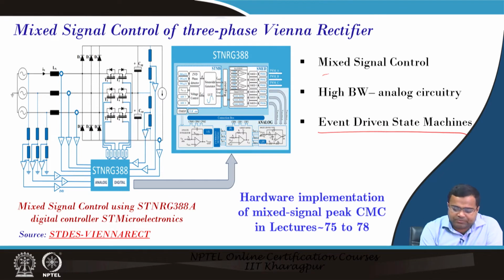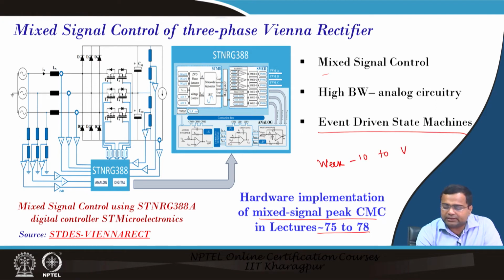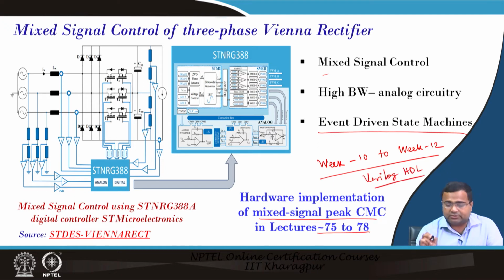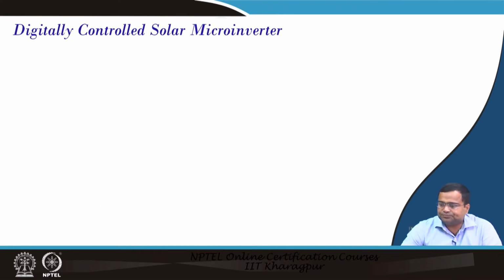So, if you go to the mixed signal current mode control in lectures 75 to 78, as well as if you go to week 10 to, I think, week 12, we have discussed a lot of Verilog HDL coding and synthesis of the digital control architecture for various digital voltage and current mode control. So, this will be useful.